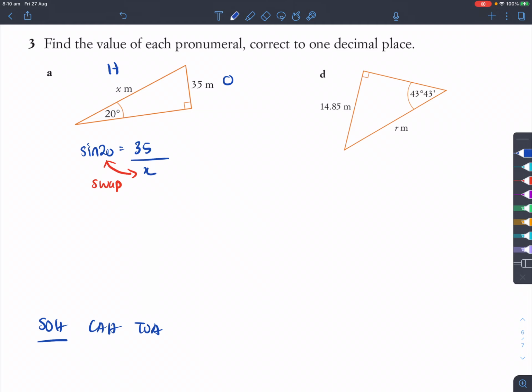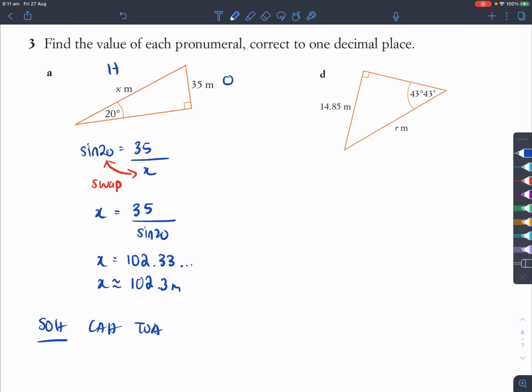So if we swap those around, x would equal 35 over sine 20. So 35 divided by sine 20 would then equal 102.33. I keep going. So let's round this off to one decimal place. This will be 102.3 meters.